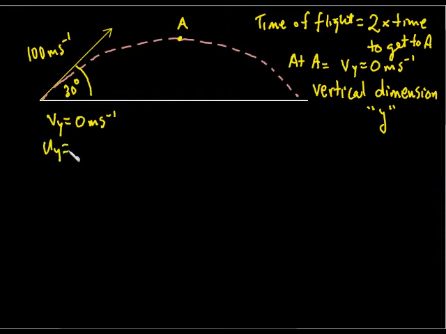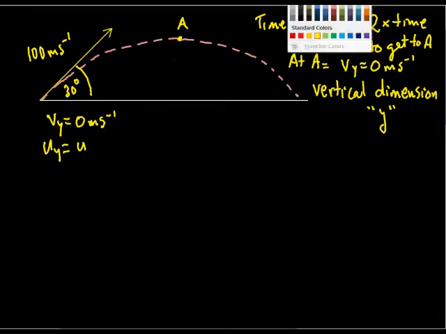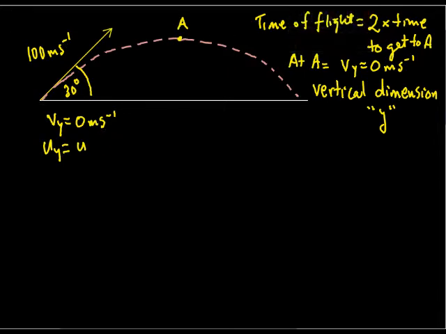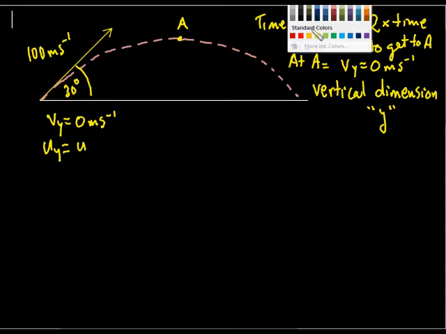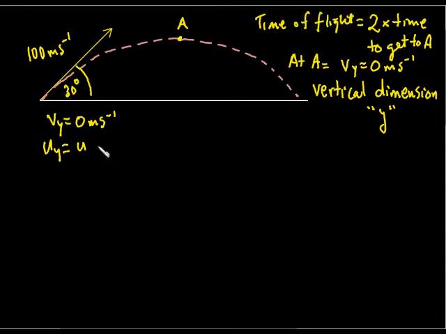Uy is going to equal u sine theta, which is 100 sine 30 degrees, which will equal 50 meters per second up.